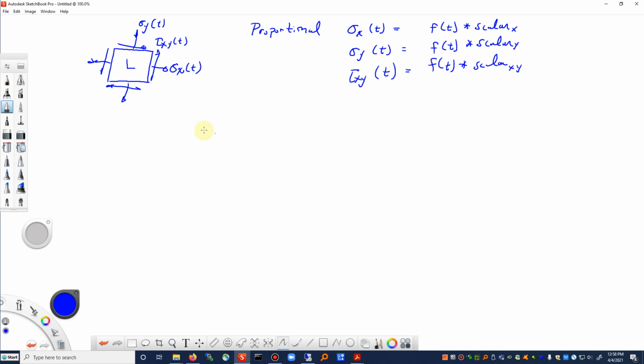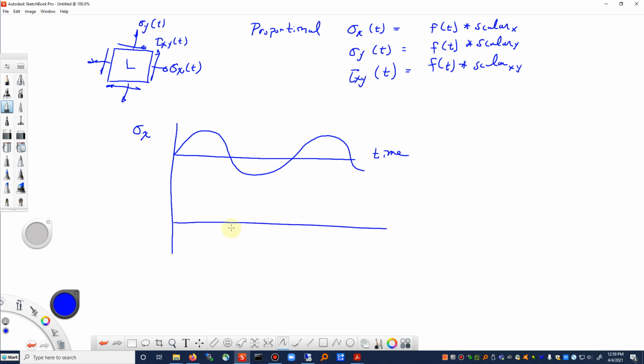What would this time history look like? Let's see if I can draw this. So maybe our sigma x history looks like a nice sine wave. Well, our sigma y history may not have the same amplitudes, but it follows the same function in time.